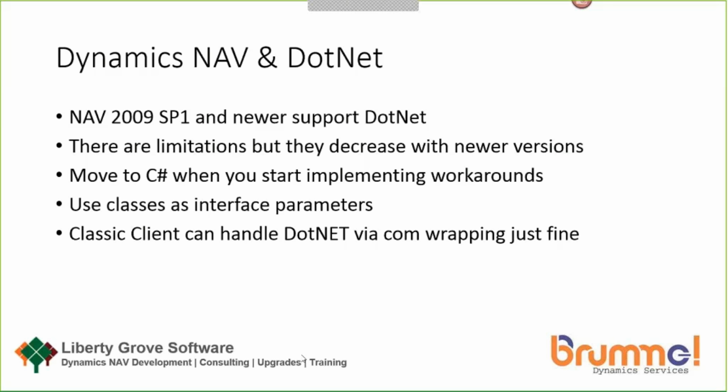And remember that if you run on the Classic Client, it can handle .NET perfectly via COM wrapping. The only limitation that you then get is that using classes becomes a little bit harder.